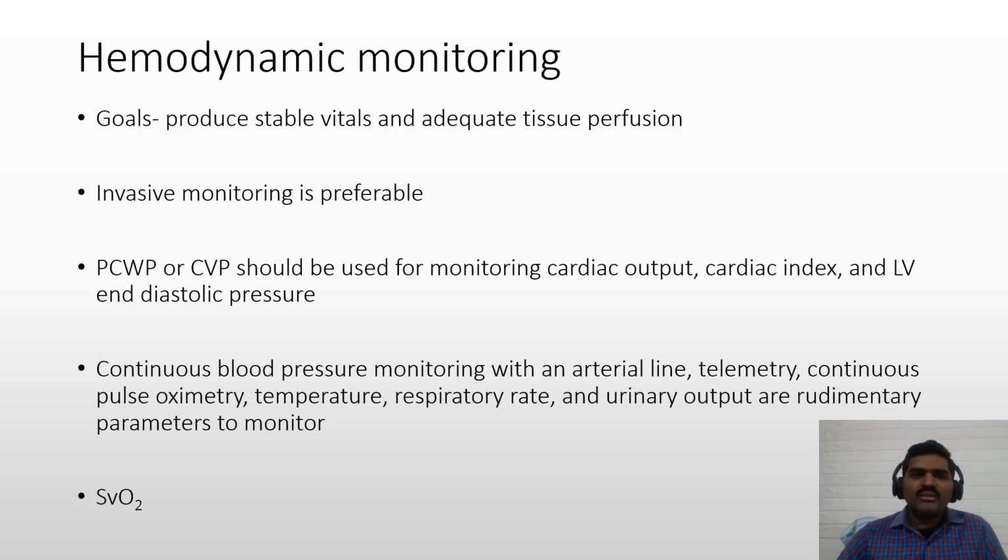PCWP or CVP should be used for monitoring cardiac output, cardiac index, and left ventricular end-diastolic pressure. Continuous blood pressure monitoring with an arterial line, telemetry, continuous pulse oximetry, temperature, respiratory rate, and urinary output are rudimentary parameters to monitor. And mixed venous oxygen saturation can give you an idea about cardiac output.